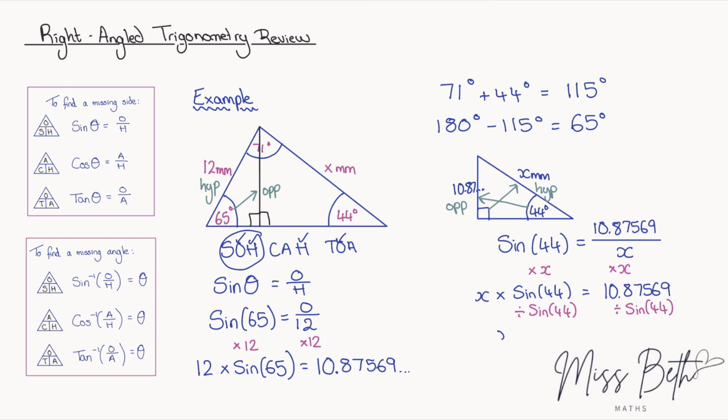Okay, that's going to give me x is equal to 10.87569 divided by sine 44. Pop this into your calculator, and you should get 15.65, which I'm going to round to 15.7 millimeters. And there you go, you can round at the very end, okay?